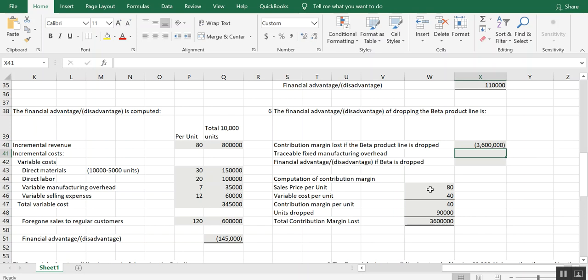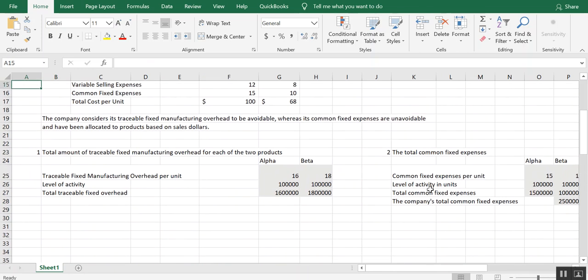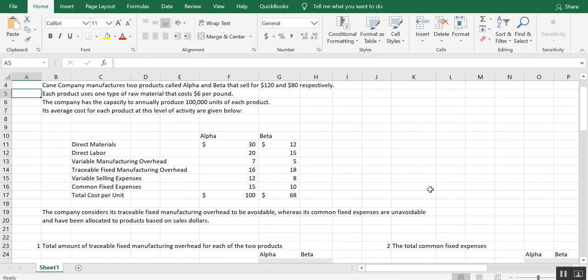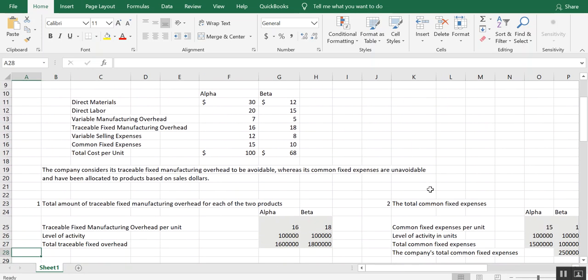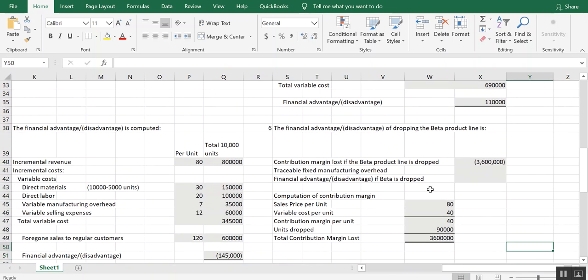Now, the traceable fixed manufacturing overhead is going to be exactly this cost that we calculated in the beginning, in number 1. When we came down here and we said, okay, what is a traceable fixed overhead? In total, it's 1,000,008. So since we're giving up the entire beta line, we're going to lose that entire cost.